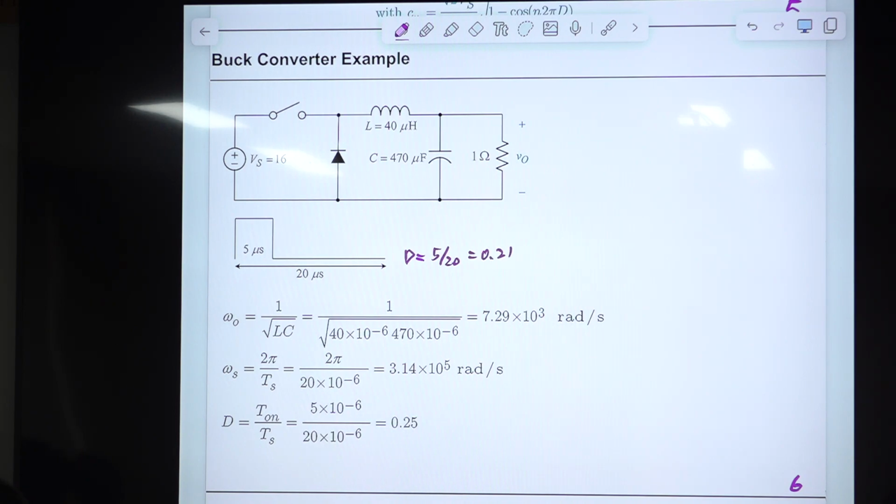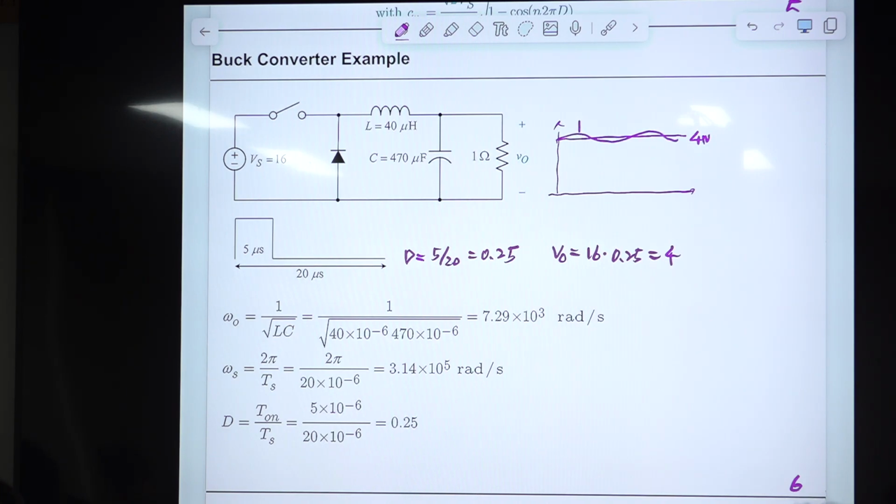Then the DC component of our output voltage is input voltage times duty ratio, which is 4. Then our output voltage will be something similar to this on the time axis. This value is obviously 4 volts, but we will have some ripple component here.